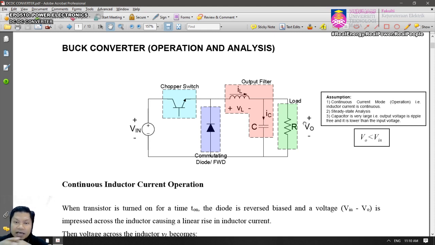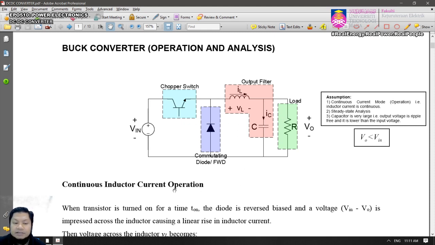We can design the circuit to work under continuous inductor current operation so that we have one equation, because the output voltage needs to be regulated. If you have different equations, you have to be more clever in the closed loop regulation design of the circuit.